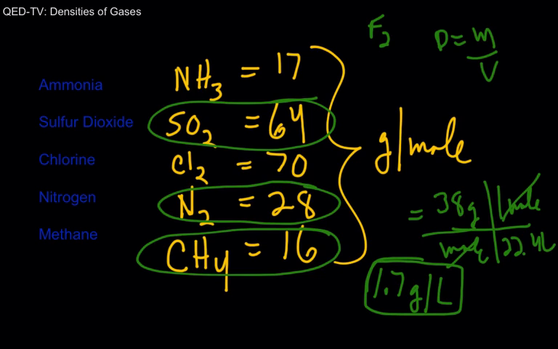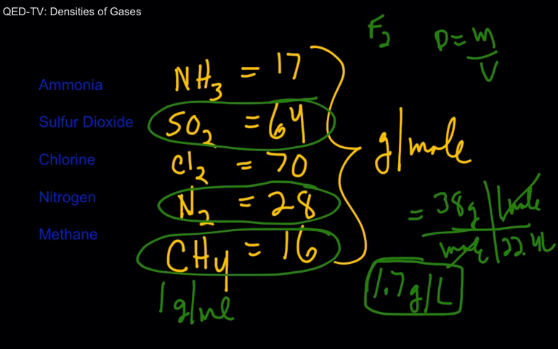Now some of you might get confused a little bit and say, well, that's greater than 1, so why doesn't it sink in water? Well, it doesn't sink in water, obviously, because it's a gas, first of all. But the other thing is that these aren't the same units as the density of water. Usually the density that we use for water, so at 1, is grams per milliliter, not grams per liter.